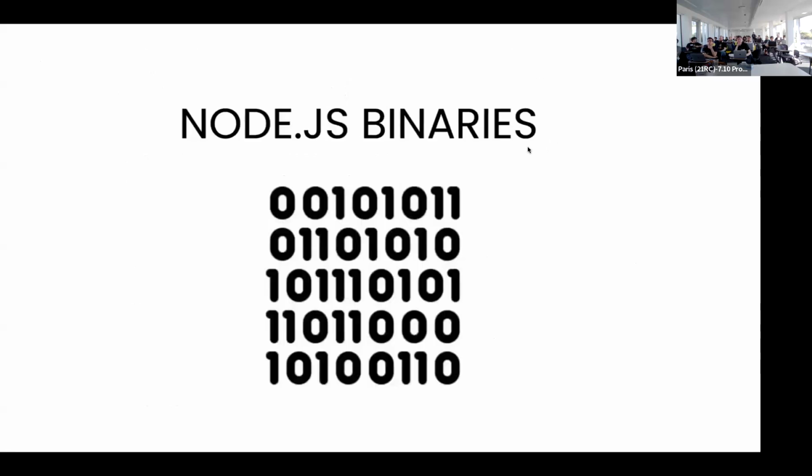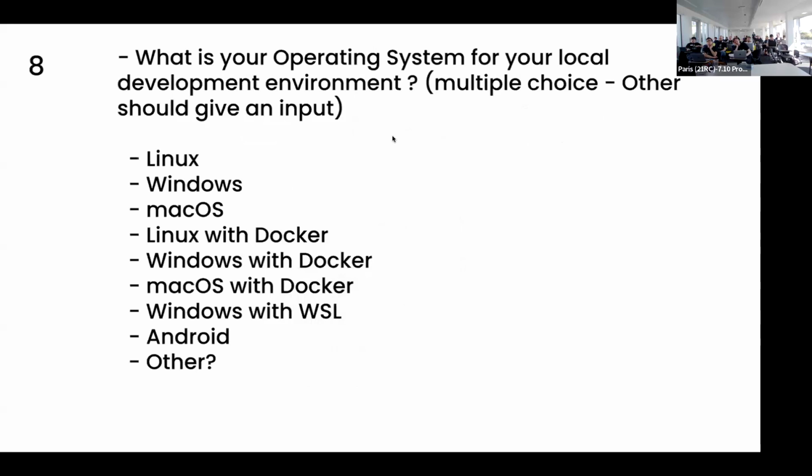Now we talk about binaries, how people interact with Node.js binaries, where they get their binaries, which kind of binaries they use, etc. First question is, what is your operating system for your local development?